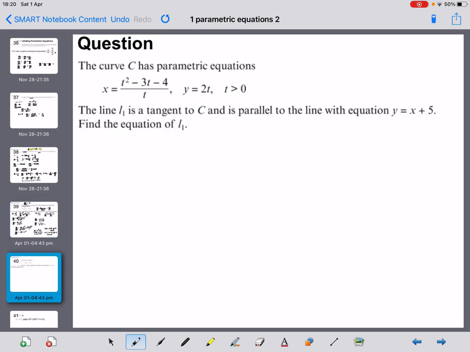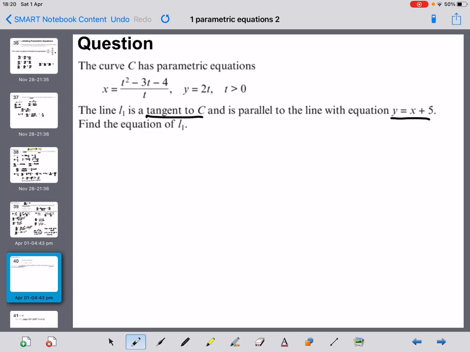Last one, the curve C has parametric equations. The line L1 is a tangent to C and is parallel to the line with equation y equals x plus 1. Find the equation of L1. So the line L1 is a tangent to C and is parallel to that.